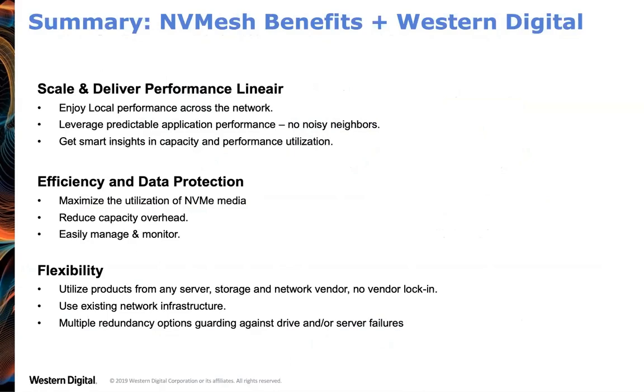But in summary, I hope you've seen by now that it's a combination of NVMesh plus Western Digital that can help you scale your architecture and deliver performance at scale. And not just that, it can actually help reduce your licensing cost in certain environments like the Oracle environments.